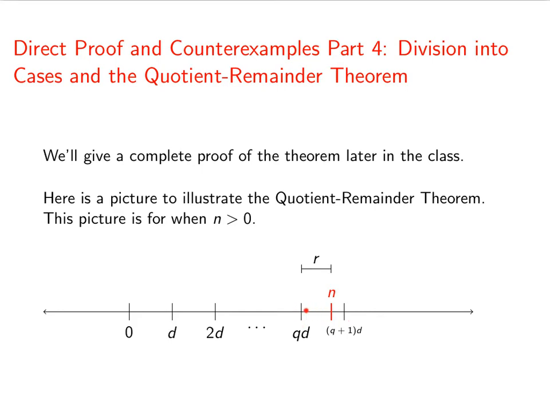So this gap between n and q times d, that's the remainder. Here the remainder has to be smaller than d, which is the gap between these points. If we went a little bit farther, we would have q plus 1 times d, and that's going to be bigger than n.